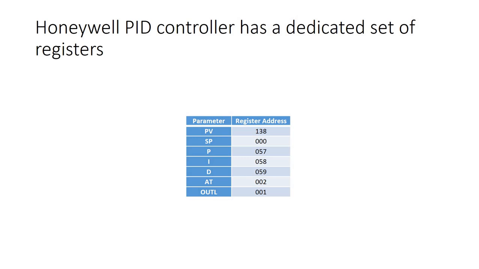Now how do you do that? You first connect all of them in parallel, and the first one, let's say, has some address, and you look at the manual and find out that to set a set point on one of the PID devices, you need to go to address 000. That is what you can see.